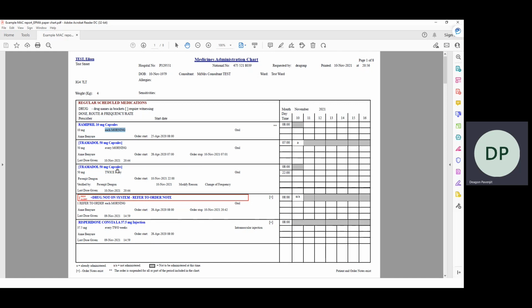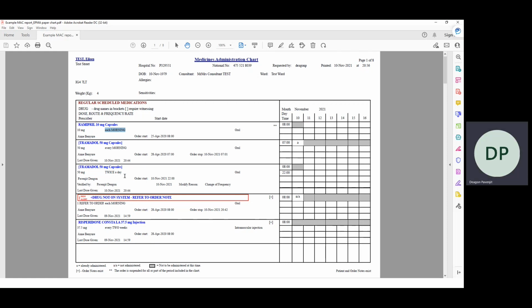You can see there are 2 entries for tramadol. As already mentioned, the first entry has a stop date. The second entry has a modification reason, change of frequency. So what this tells you is that the original each morning tramadol prescription has been changed to a twice daily administration prescription.